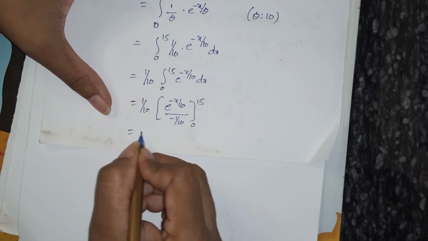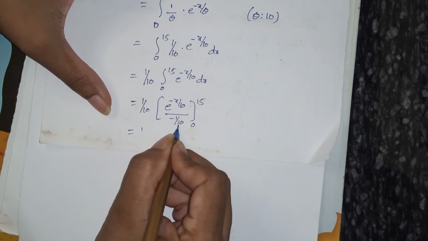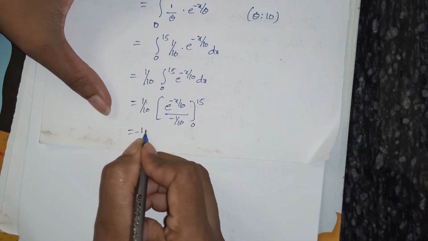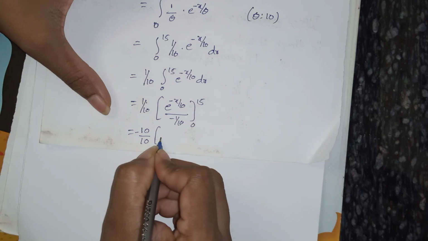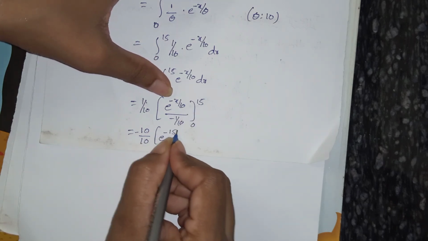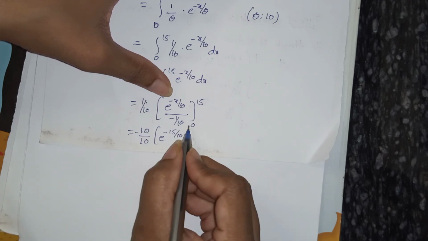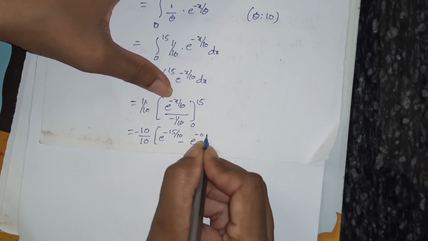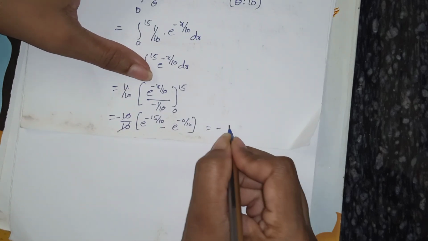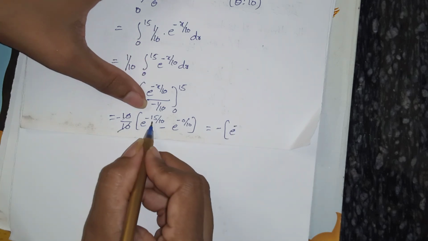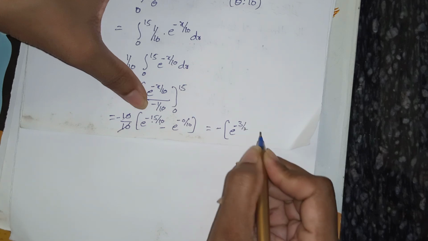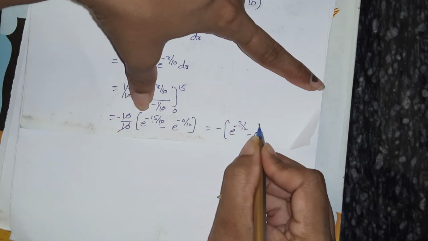The denominator comes up and becomes the numerator, so minus 10 by 10 times e to the power of minus x: upper limit 15 by 10 minus lower limit e to the power of minus 0 by 10. So the 10s get cancelled, minus e to the power of minus 15 by 10, that is 5 threes is 15, 5 twos is 10, minus 0.